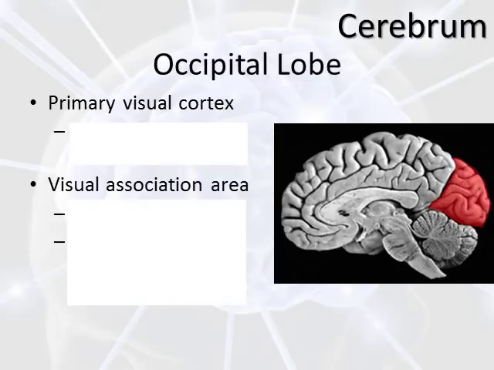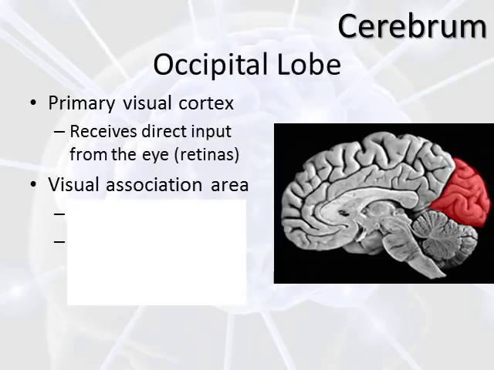Okay, and so moving on to the occipital lobe. This is in the most posterior portion of the cerebrum, and this is what's called the primary visual cortex. It directly receives input from the eyes, from the retinas, and is going to process visual information.